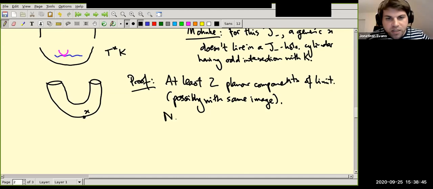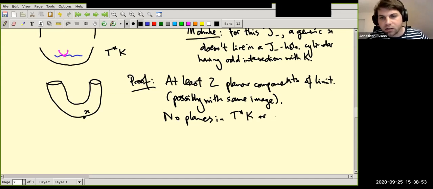Moreover, there are no disks or no planes in T star K, Klein bottle, or in the neck. That's just because their asymptotes have to be Reeb orbits, and with this particular choice of almost complex structure and contact form, the Reeb flow is the geodesic flow on the Klein bottle, and there are no contractible geodesics on the Klein bottle.